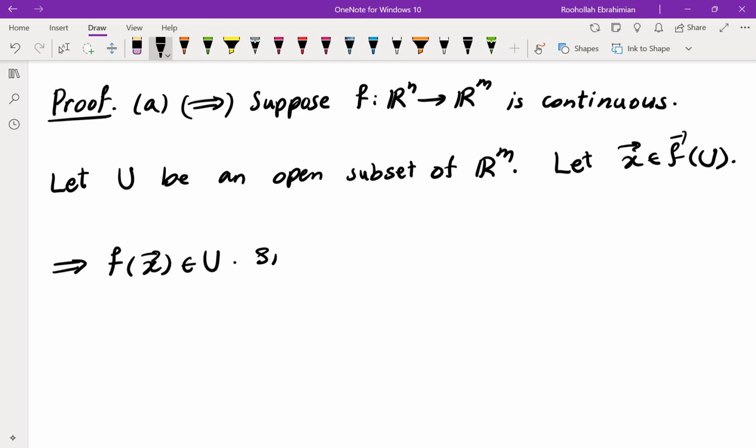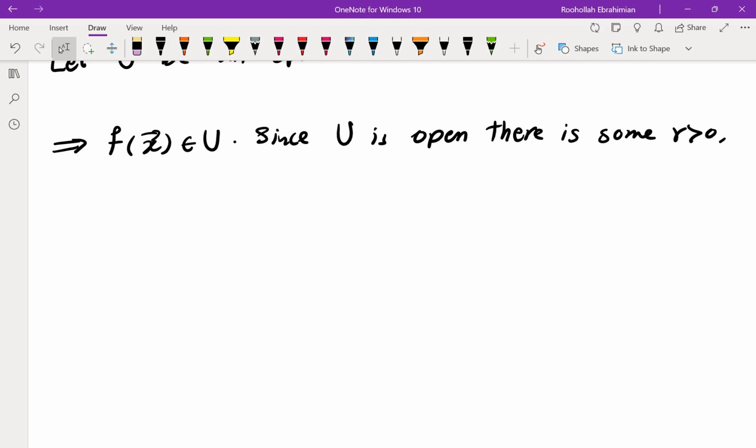So since U is open, there is some ball around f of x that is completely inside U. There is some positive real number r such that the ball of radius r centered at f of x is completely inside U.